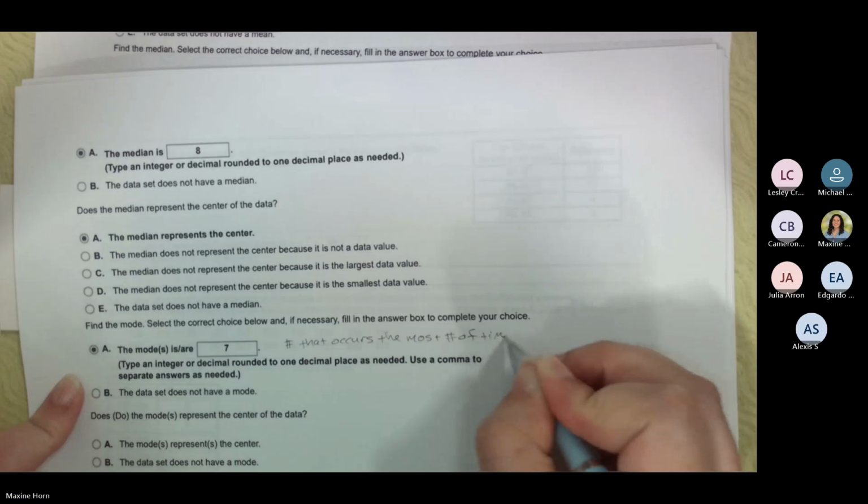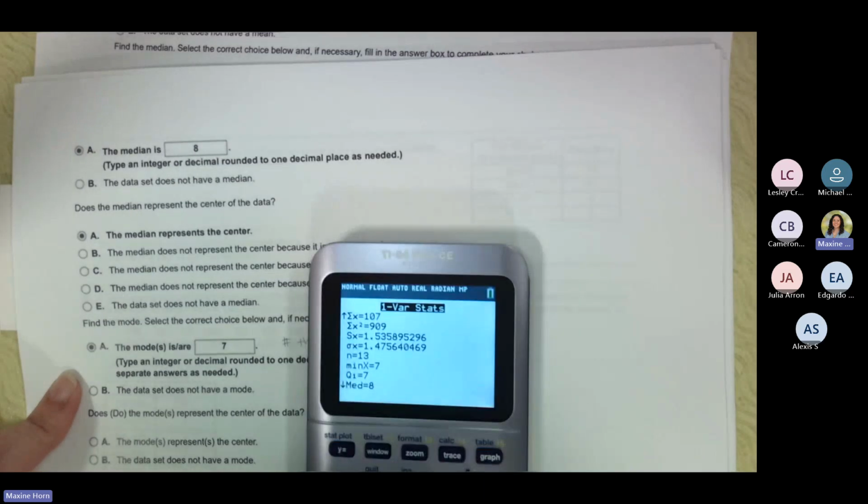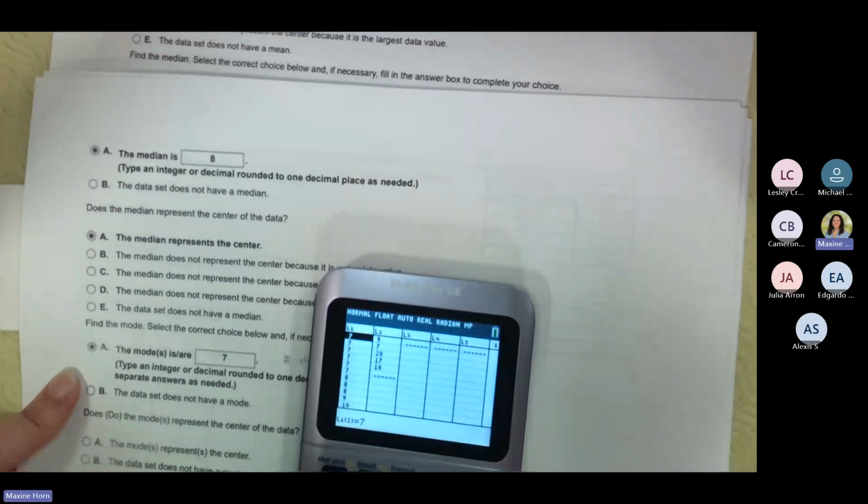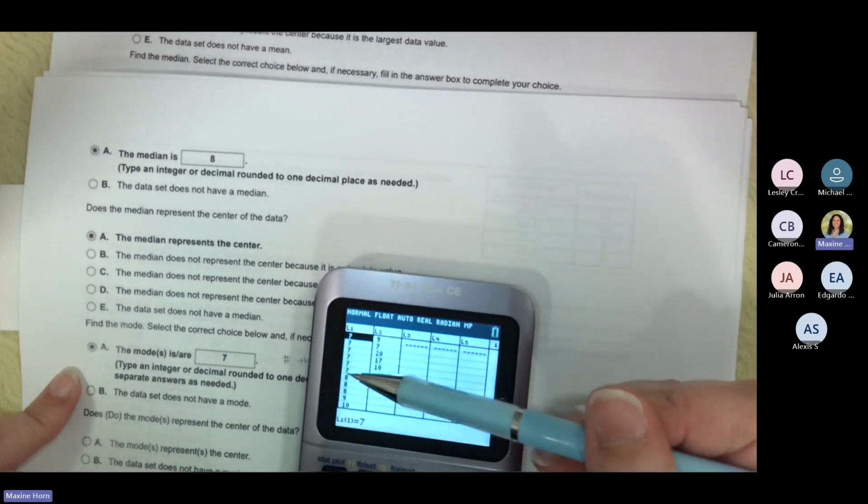So remember, mode is the number that occurs the most number of times. The mode can be easy to find if you have sorted your data. Excuse me. It can be a little bit easier to count.